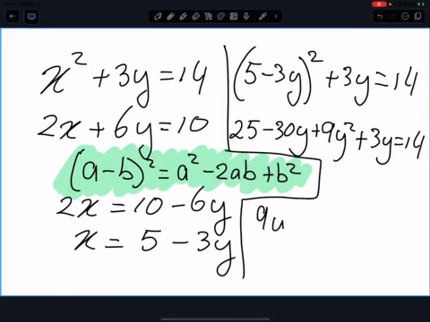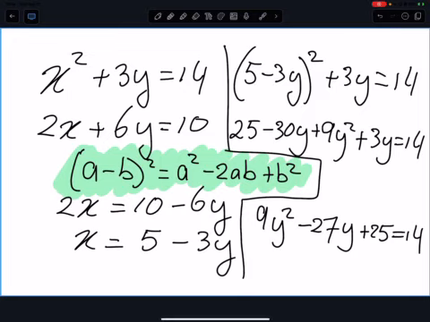You have 9y squared plus, negative, subtract 27y plus 25 equals 14. This is 15.5. I just rearranged them.